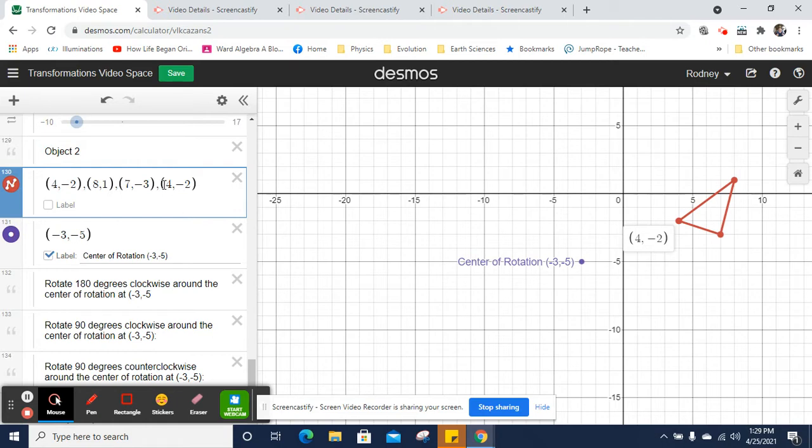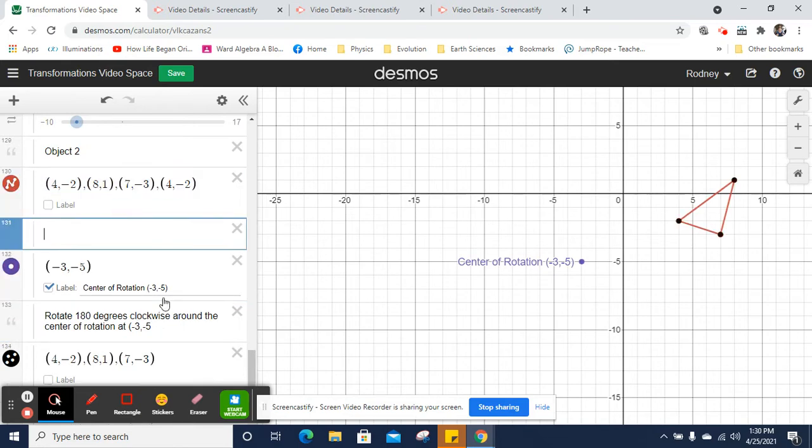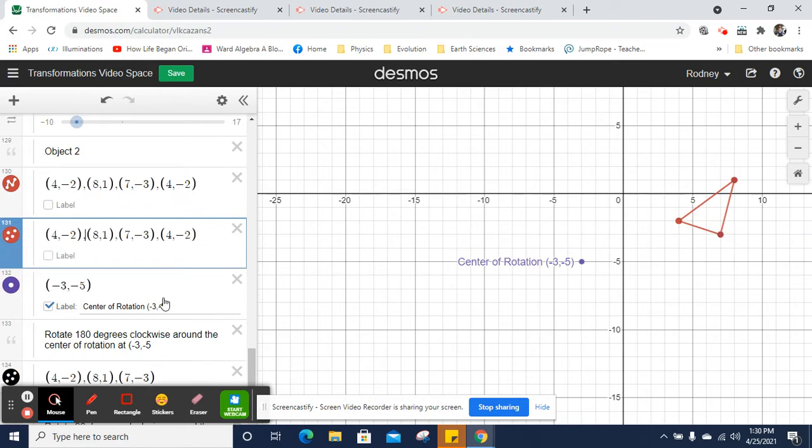Well, let's actually use the generalization for all of this. I'm going to copy the first 3 points of this, and I'll start with a 180-degree rotation. Actually, before I do that, let me restate this triangle in terms of -3, -5.